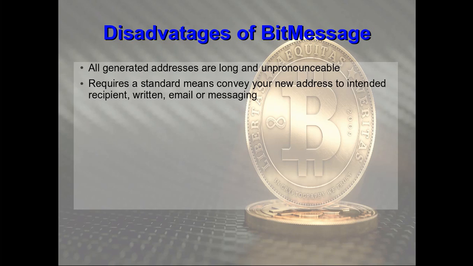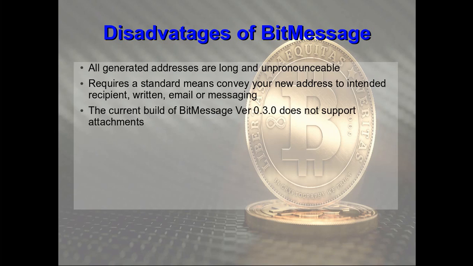So this goes on for what I was saying before. You require a standard existing means by which you can convey your existing or your new message address, either in writing, email, or some other form of messaging. The current build of bitmessage is version 0.3 and does not directly support attachments.